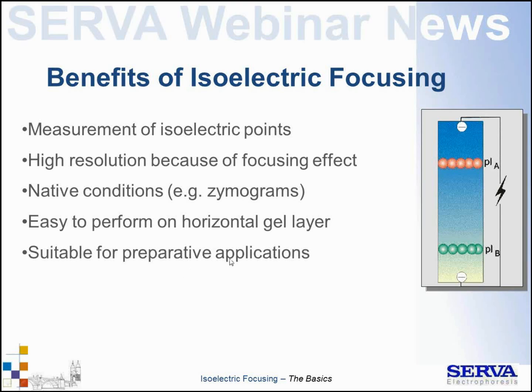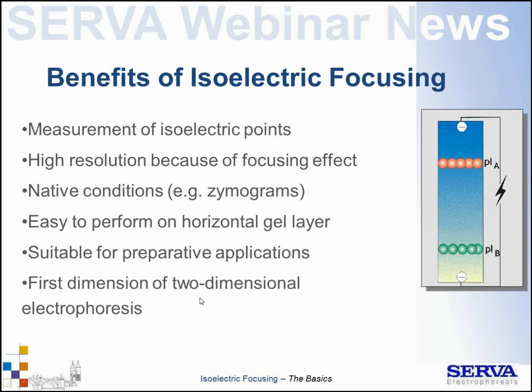You can do preparative applications. You can load quite a lot of proteins on such an isoelectric focusing gel, and because the separation is performed just due to one isolated physicochemical parameter, the charge, the isoelectric points, it's an ideal method for combining it with a second method which separates only according to the size.